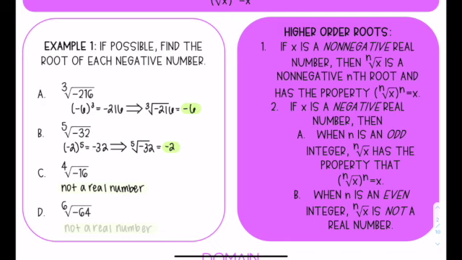So that's why this is not a real number. And for part D, the same idea here. We're looking at the sixth root of negative 64. My n is 6, which is even, but my x underneath the radical symbol is negative. So this again is not a real number.